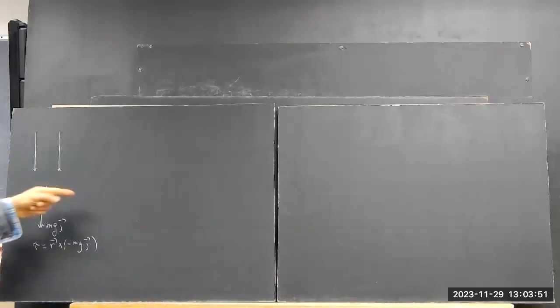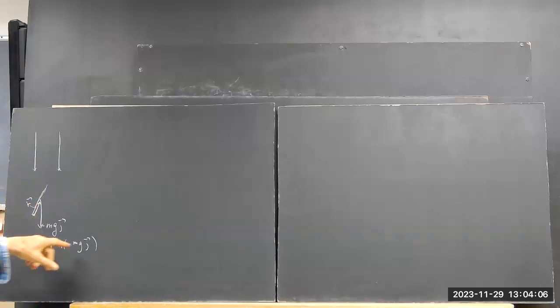You've got i, j, and k out of the board. So the cross product here is going to be a multiple of k.